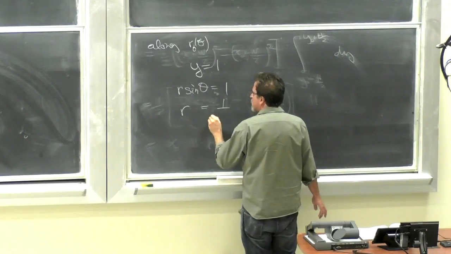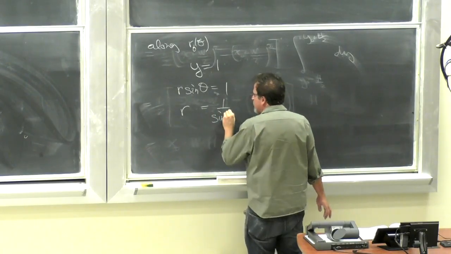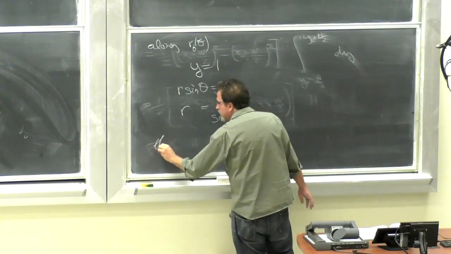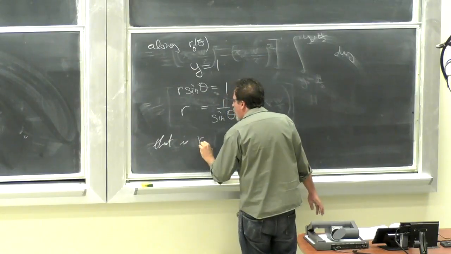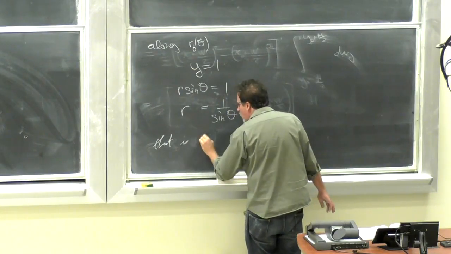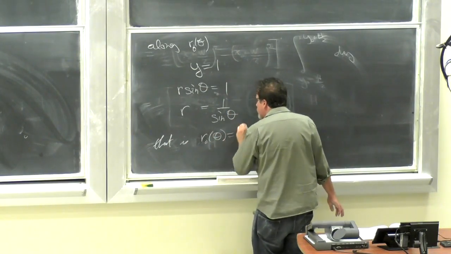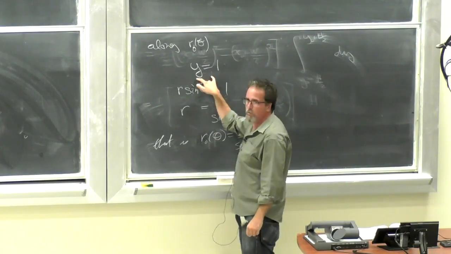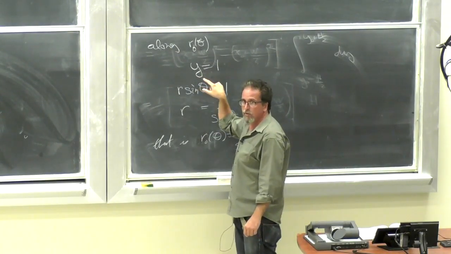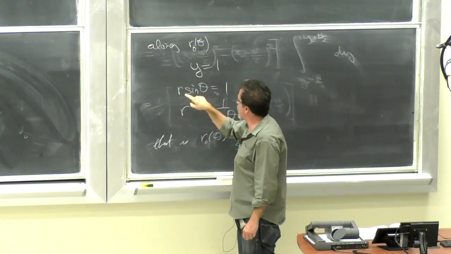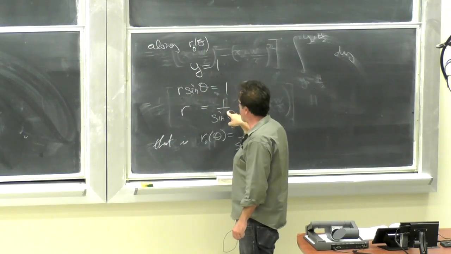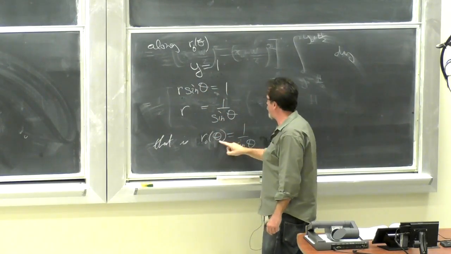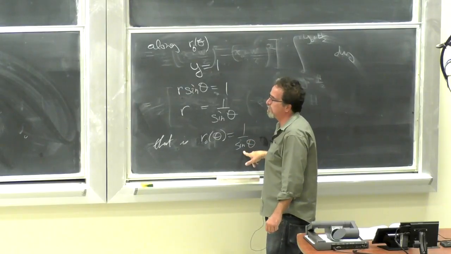So r is 1 over sine theta, and that is r0. This is how you get r0 of theta equals 1 over sine theta. So along the curve y equals 1, it's a constraint that constrains y to be 1. It constrains r to be 1 over sine theta. And that's what I'm calling the function r of theta: 1 over sine theta.